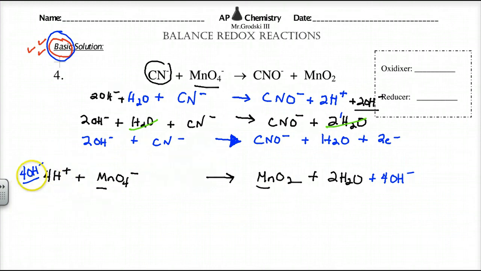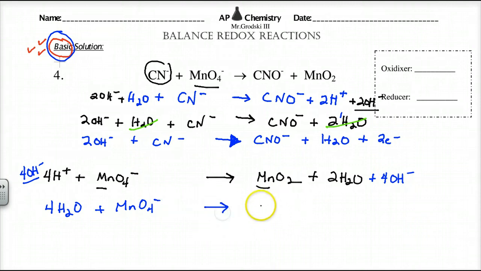The 4 hydroxides and 4 protons, of course, make 4 waters. Of course, I still have the permanganate ion. The manganese dioxide doesn't change. And of course, I'm adding 2 waters, plus, again, the 4 hydroxides.